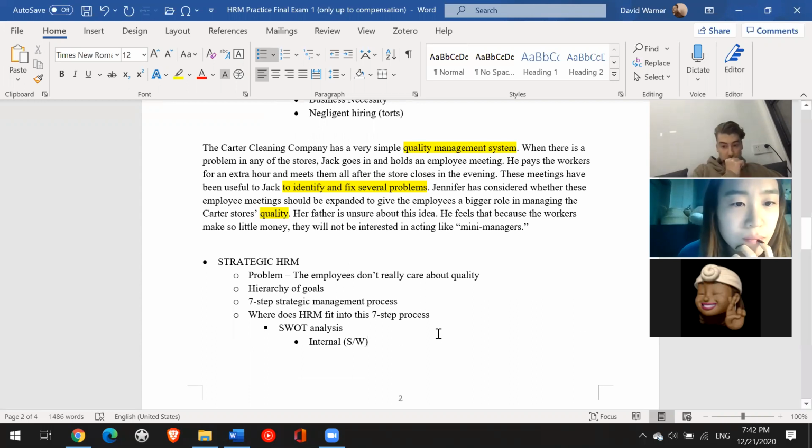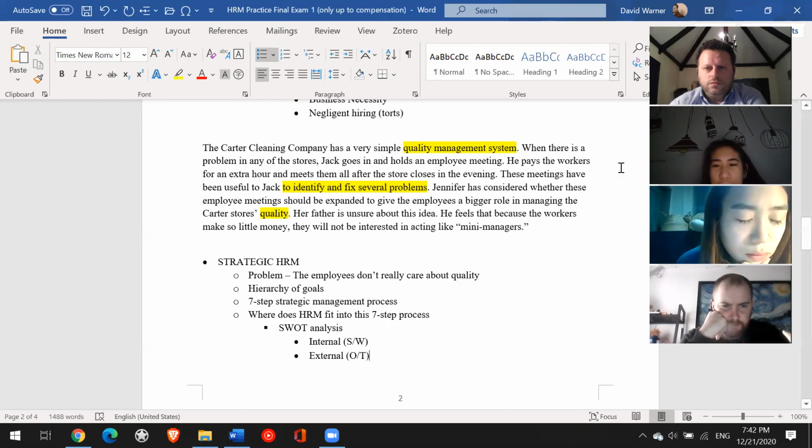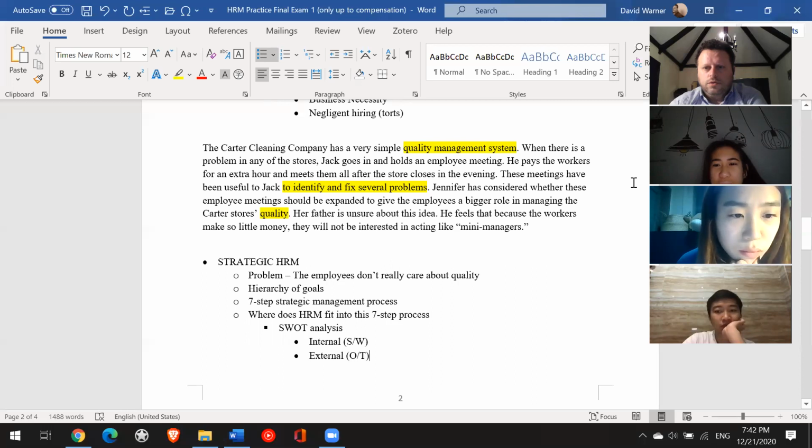Okay. So some people in the organization certainly might be interested in getting additional training, becoming a manager in the future, all of these things. Then for external, which is the opportunities and threats, how is HRM related to that? Anybody? They look at the trend, the customer environment.